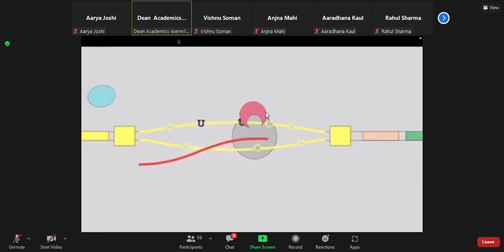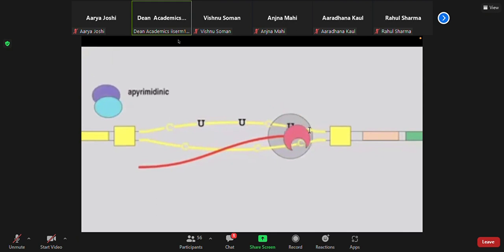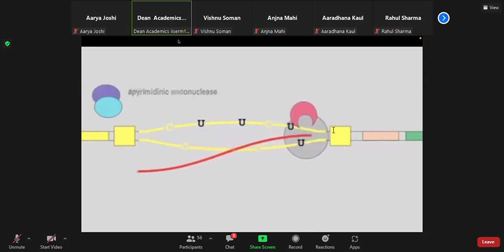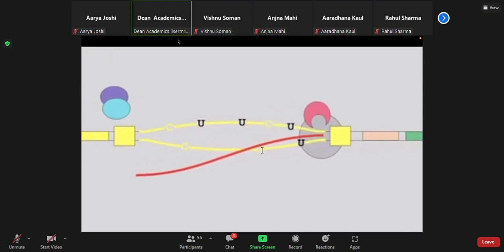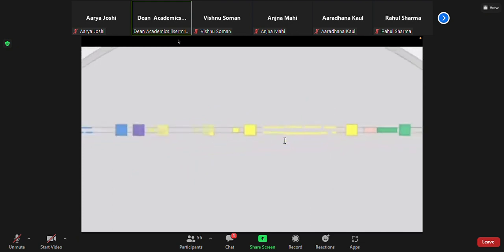Through the action of 2 other enzymes, uracil DNA glycosylase, or UNG, and apyrimidinic endonuclease, or APE1, these uracils are eventually converted into single-stranded nicks in the DNA on both of its strands. These processes also occur at the C mu region or any other switch regions actively transcribed in the B cell.